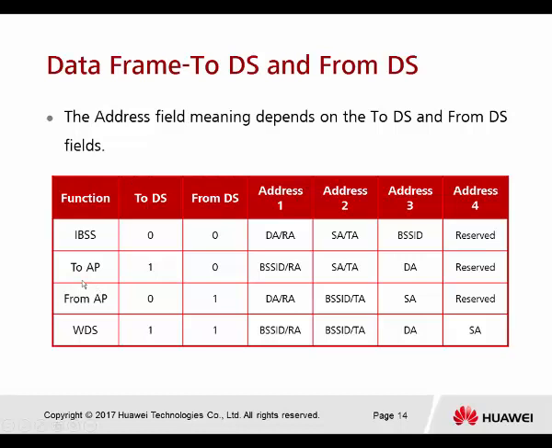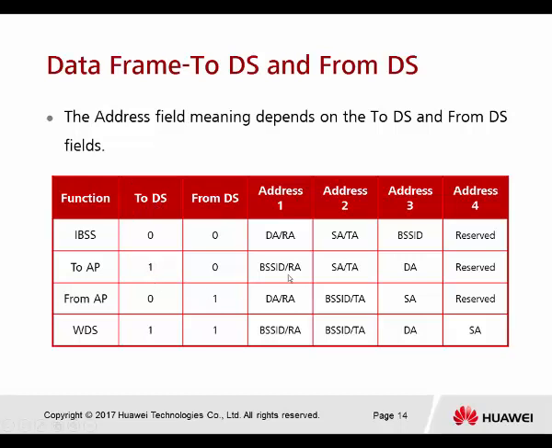To AP: the bit To DS will be 1, and From DS is 0. That means currently the frame is being sent on the uplink. When we send it on the uplink, basically this frame belongs to the STA, and this STA wants to forward the frame to the AP. That's why To DS is 1 bit.